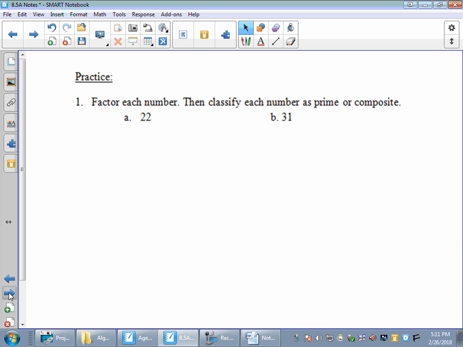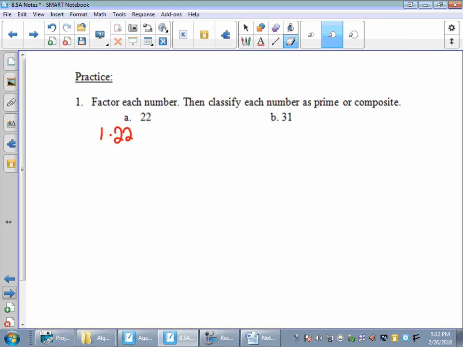So let's look at some of these practice problems and see if we can find how many factors they have. Here's the way that I found the most orderly to do this. I start at 1 and say, okay, well, 1 times what gives me 22? Well, that's nice. 1 times 22 gives me 22. Then I go, okay, what's next? 3 definitely doesn't work.